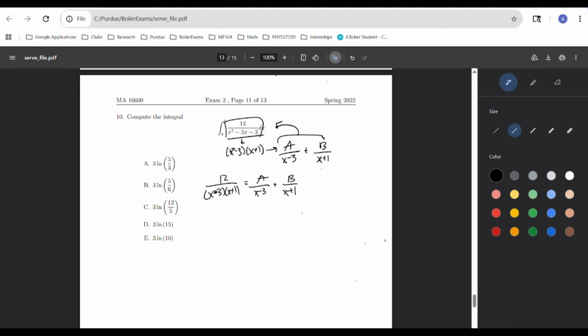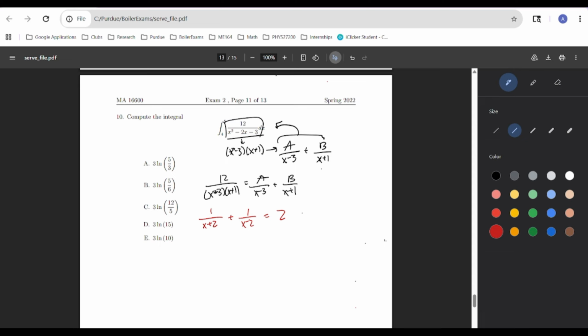And the reason why we can do that is we can think about it in reverse. Let's say, for example, that I have some function like 1 over x plus 2 plus 1 over x minus 2, and I'm trying to solve for x if all of that is equal to 2. Well, obviously we don't want to keep it separate. We'd want to combine it into a fraction with a common denominator.